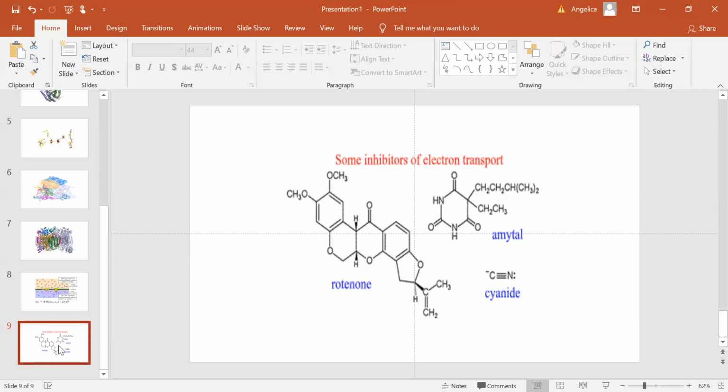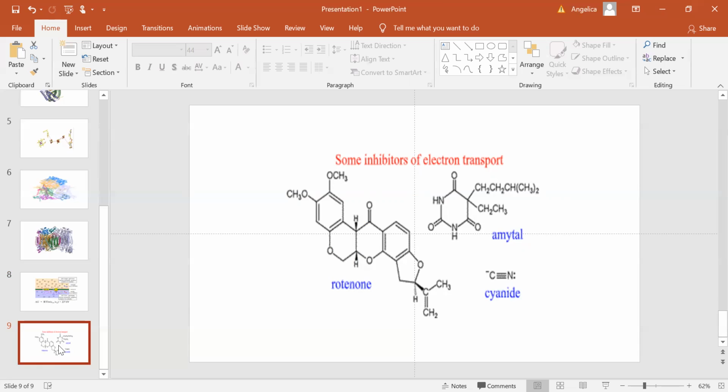Several small molecules and anions disrupt the reduction of oxygen in complex 4 by coordinating to the iron of heme a3. Cyanide and azide bind to the Fe3+ form of heme a3, while carbon monoxide binds its Fe2+ form, analogous to the strong affinity of CO for the heme iron in hemoglobin.